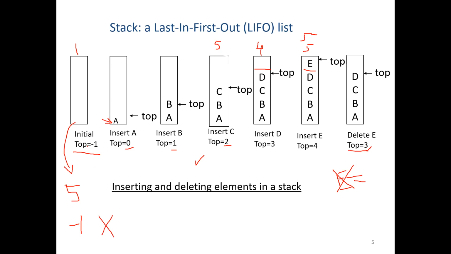So what is the condition to be checked? Is the top value minus 1? If so, deletion cannot be performed. So in short, I can tell like this: push cannot be performed if top is equal to max minus 1.